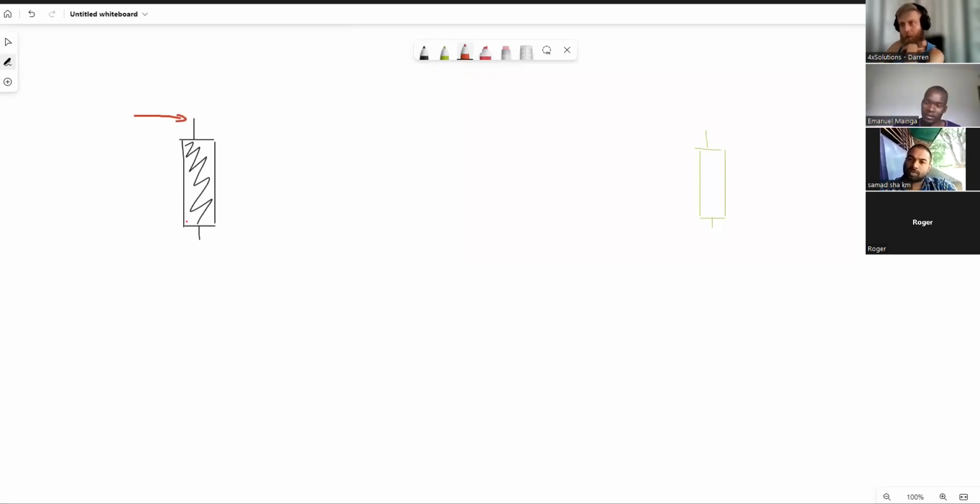That's the high of the candle. Okay, that's the high. What is this? That's the open. What is this? That's the close. That's the low. Okay, so we got open, high, low, and close.